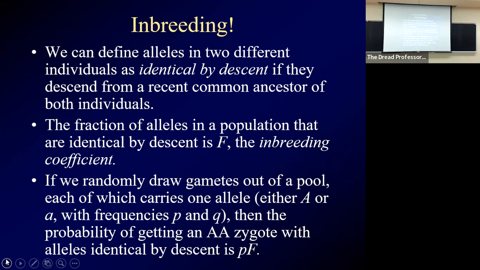Start over. The probability that I'll reach into that gamete soup and pull out an egg that's got big A is P. The probability that I'll reach in and pull out a sperm with alleles that are identical to the egg by descent, because they come from a close relative of the female that made the egg, that probability is F. So the probability of getting a big A zygote with big A alleles identical by descent is PF.